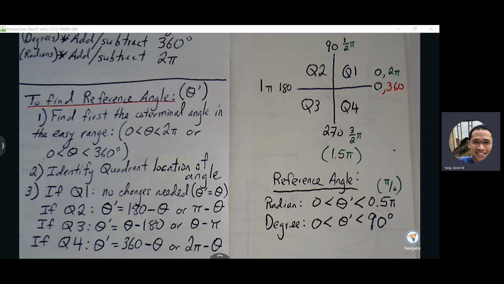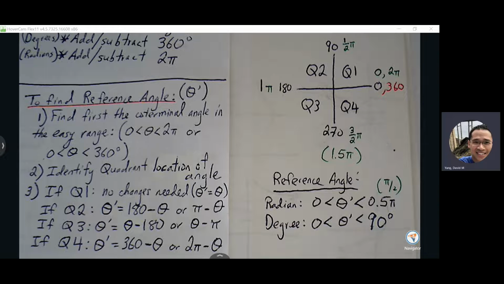So just like how we did on the first page, you can either add or subtract 2 pi or add or subtract 360 to get it into something that is between 0 and 2 pi or between 0 and 360. And then from there, step number 2 becomes a lot easier, which is identifying the quadrant that your angle is located.